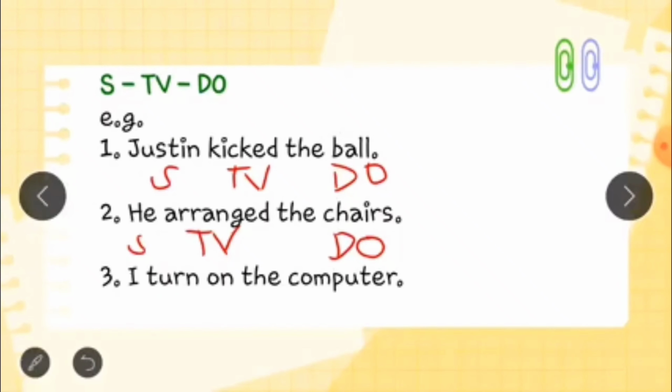I turn on the computer. I is the subject, turn on is the transitive verb. The computer is the direct object. This time, we need an object to complete the meaning of the sentence because transitive verb is not complete by itself.